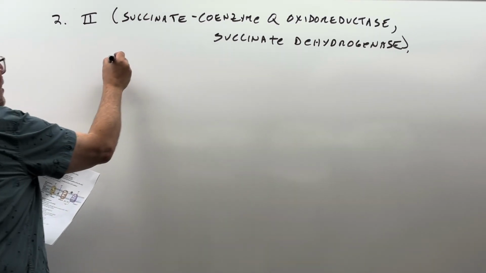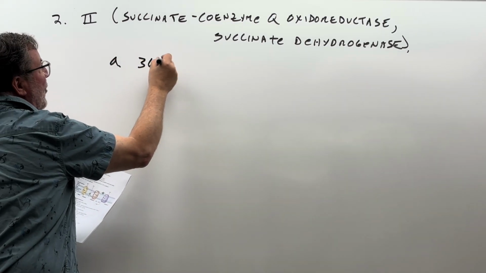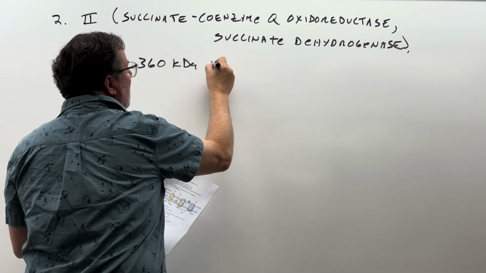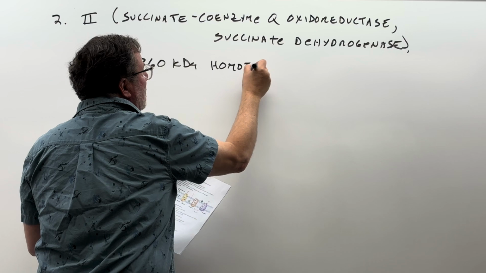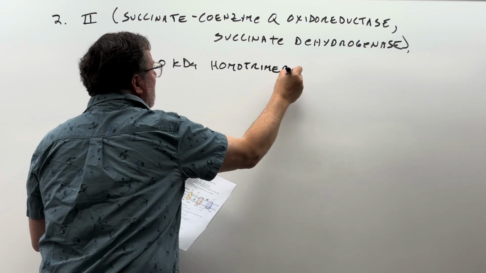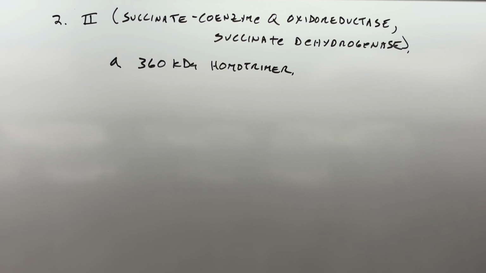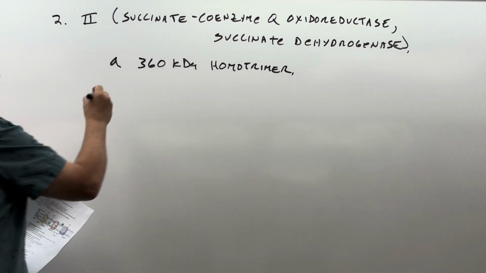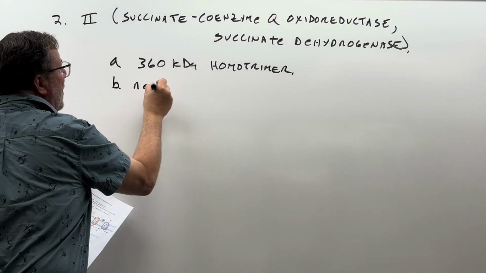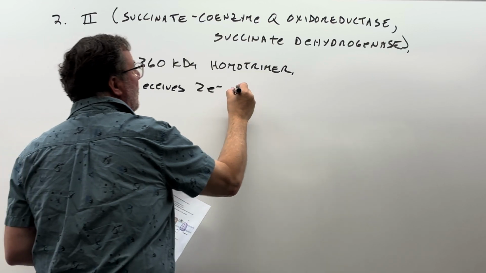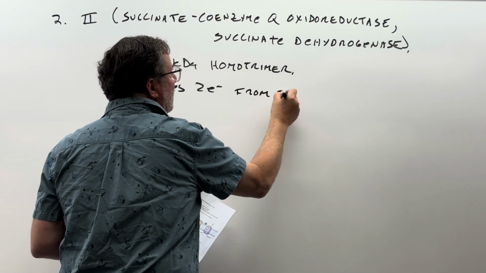Structurally, this one is a 360 kilodalton, a little bit simpler, homotrimer. So much less complicated than complex 1. It receives 2 electrons from succinate.